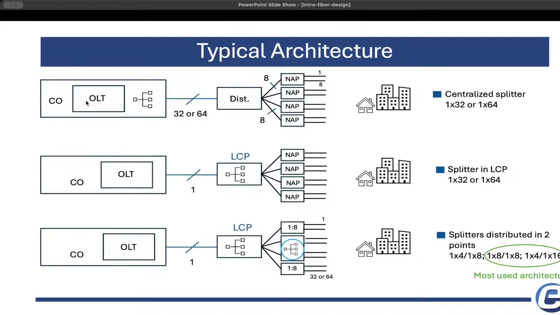So the CO, where your OLT is, there are several types of architecture. So you have your main one, and then you can use a splitter to distribute. You have your splitter on the distributor, and then you have your network access points.